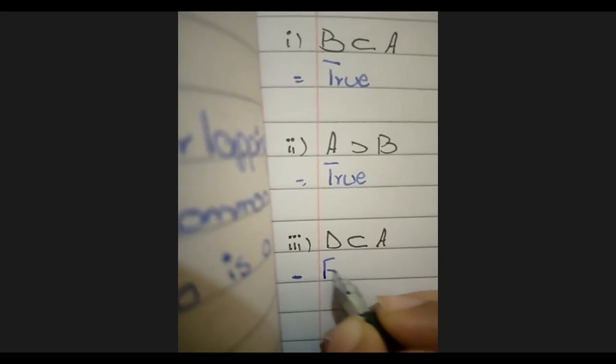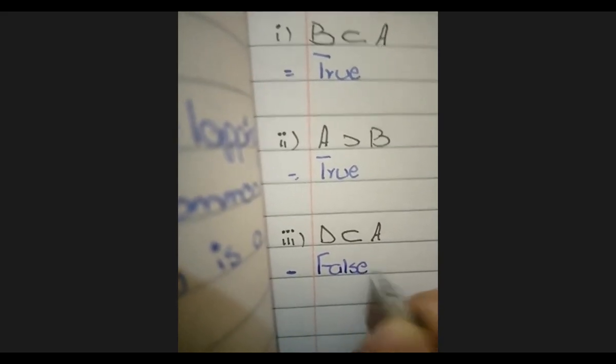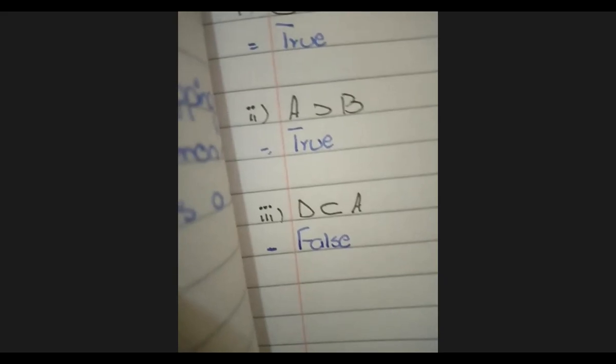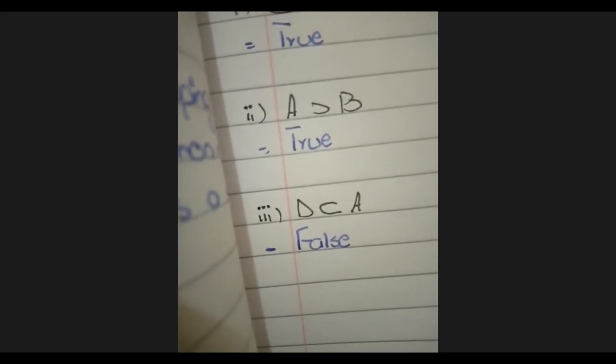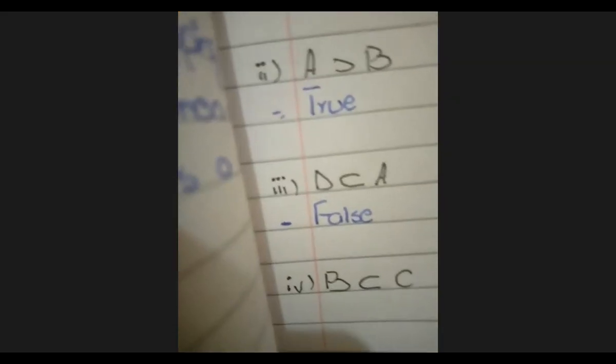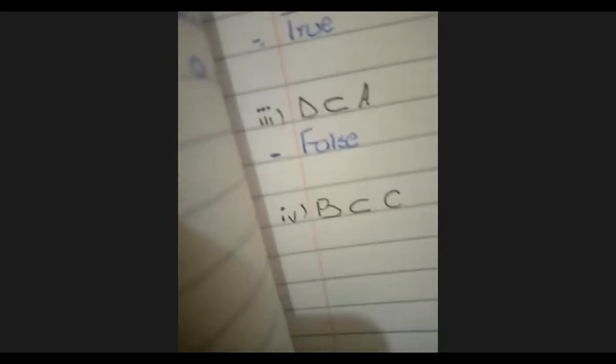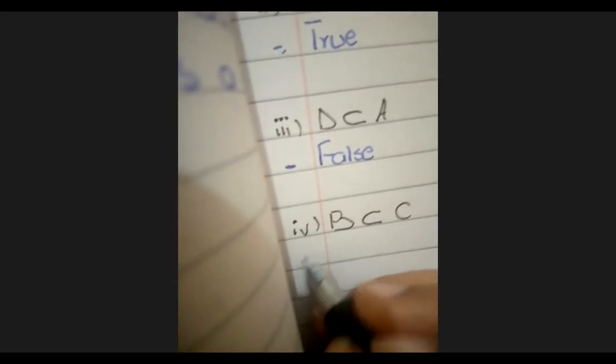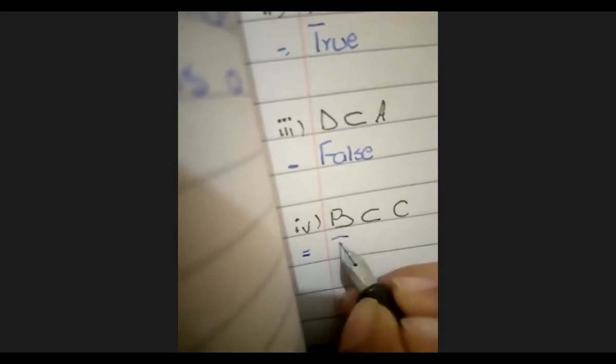Now part number 4: B is a subset of C. True or false? The answer is true.